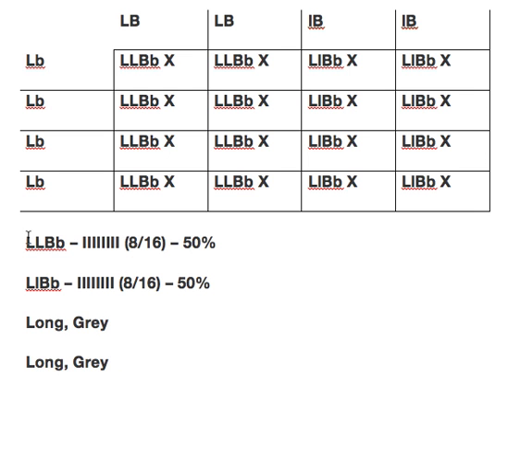Although we have two separate possible genotypes that my offspring might inherit, both of those genotypes code for the exact same phenotype, long and gray fur. That means that regardless of the genotype that they inherit, there's going to be a 16 out of 16 chance that they're going to have long and gray fur, which translates into a 100% chance of having long and gray fur.